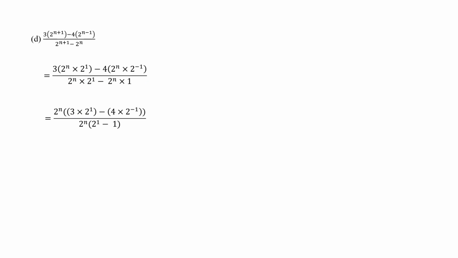So now clearly you can see that the 2 power n in the denominator can cancel out with the 2 power n in the numerator, because all of them are outside those big brackets. Then you evaluate what is inside the bracket in the denominator, and also what is inside the bracket in the numerator.